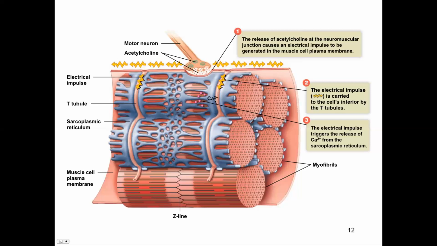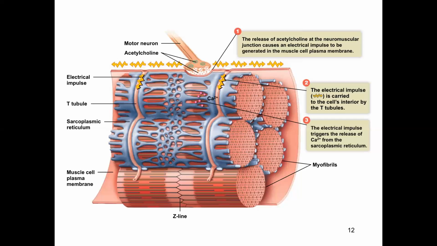So the electrical impulse travels down that T-tubule, and it interacts with a structure within the muscle cell called the sarcoplasmic reticulum. The sarcoplasmic reticulum is basically endoplasmic reticulum, but it's smooth endoplasmic reticulum, so it's not rough. Remember, rough endoplasmic reticulum we use for making protein because it's coated with ribosomes.